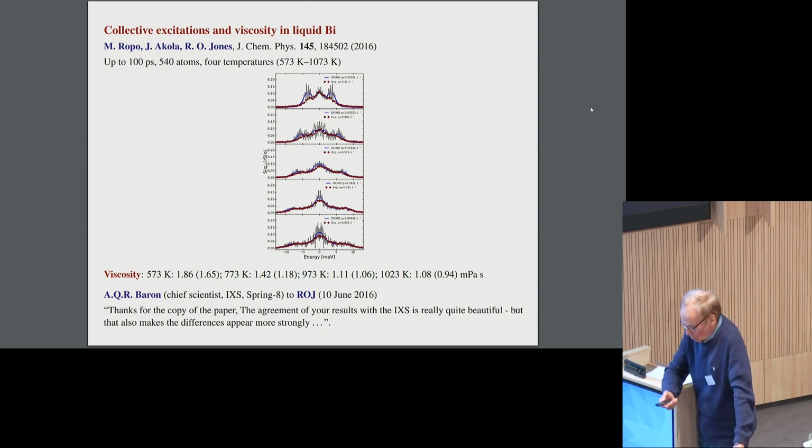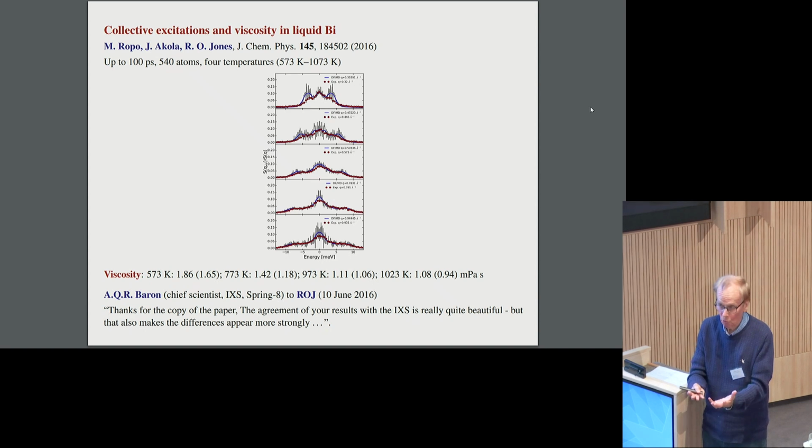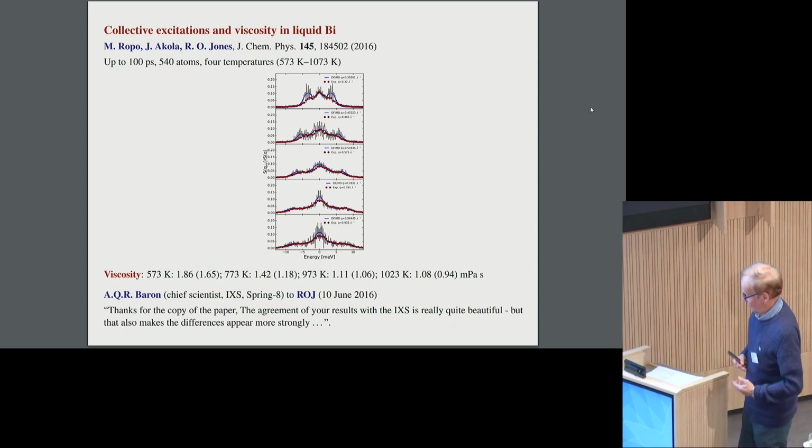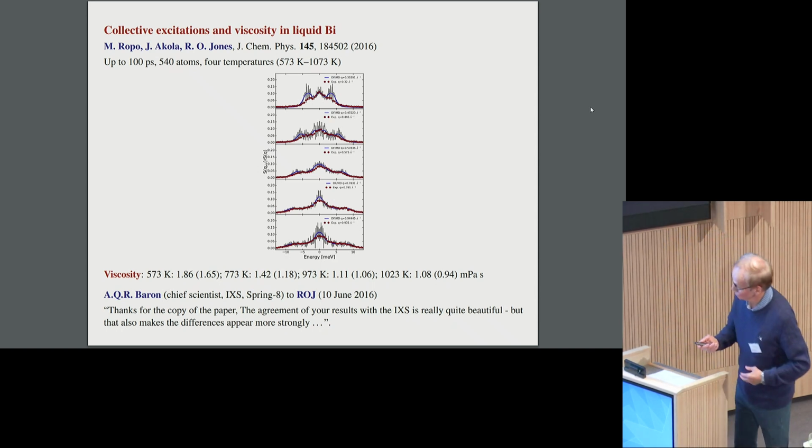The experimentalist who is basically responsible for this calculation said the agreement of our results with inelastic X-ray scattering is really quite beautiful. And he thought that the differences were more likely to be from the experimental side than from the calculation. You don't often convince experimentalists like that.